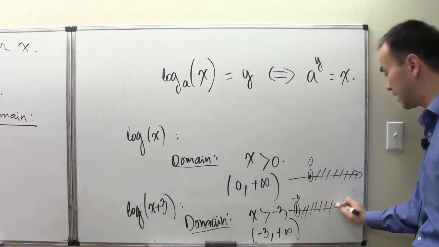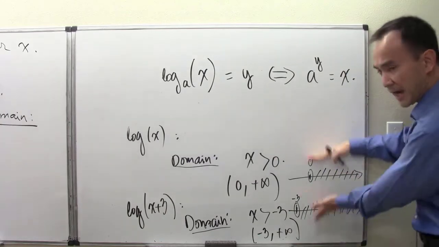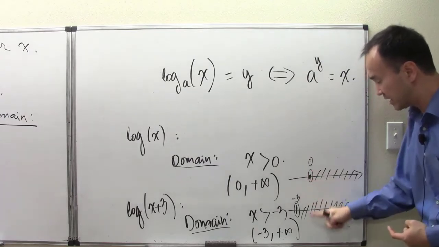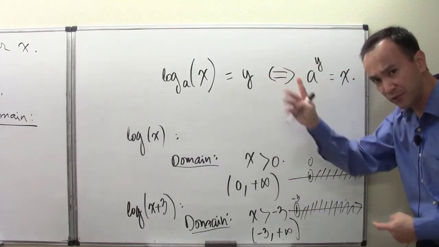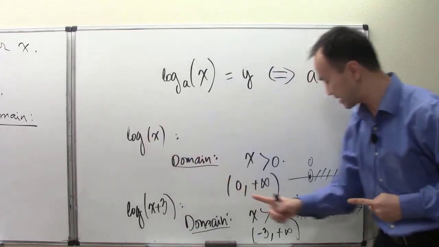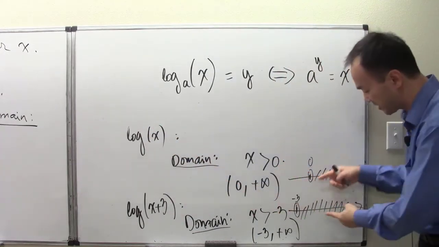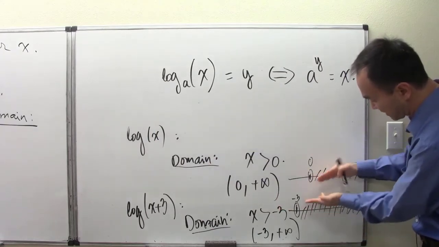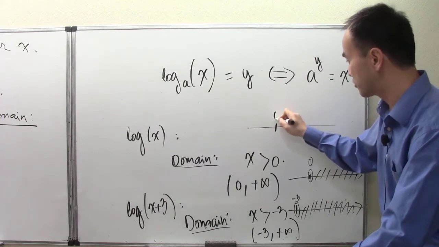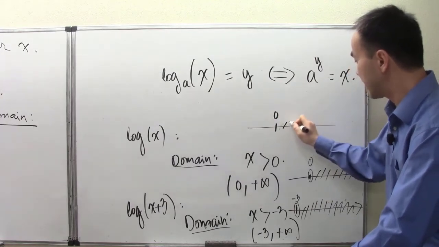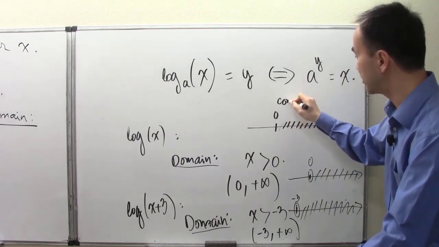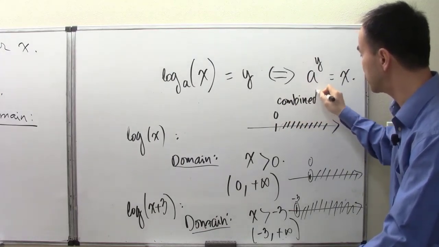Combining the two graphs that represent the domains, we're looking for one domain that works for both terms. After we put that together, the only domain we come out with is the interval anywhere between 0 and infinity. That is the combined domain that works for both terms.